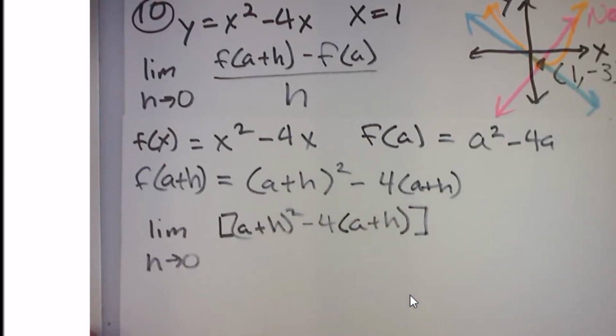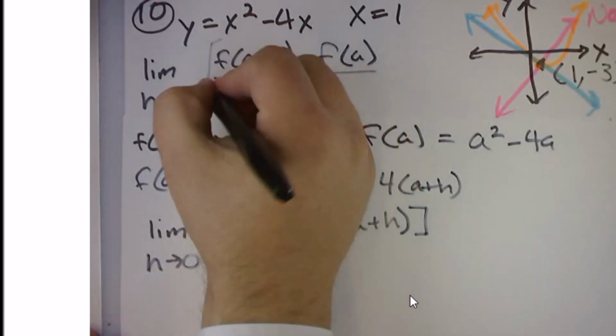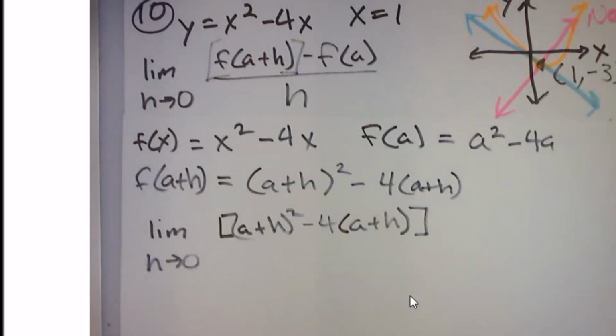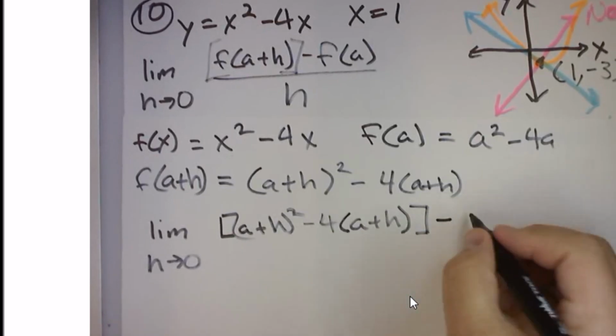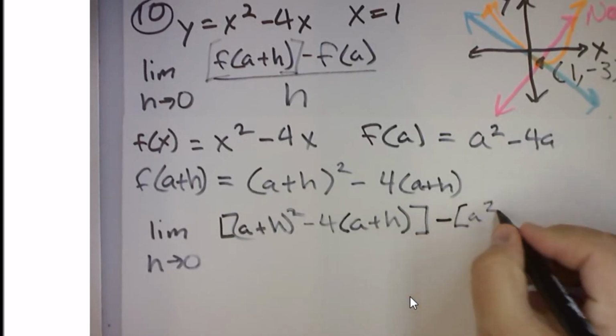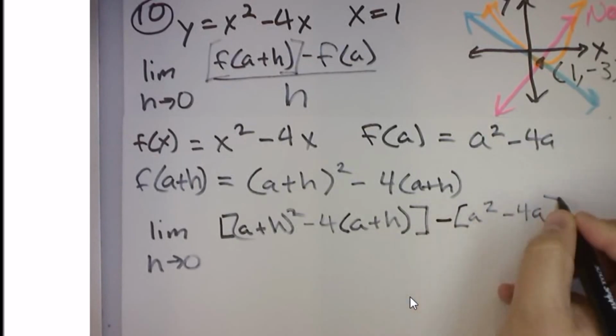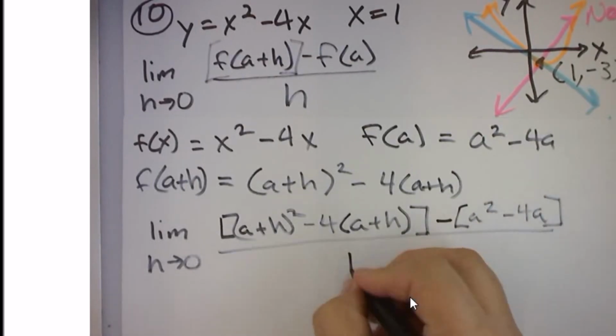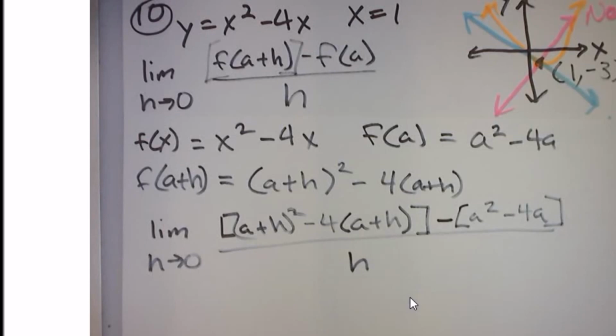That whole term is f of a plus h, minus f of a, which is a squared minus 4a, all over h. Does that make sense so far?